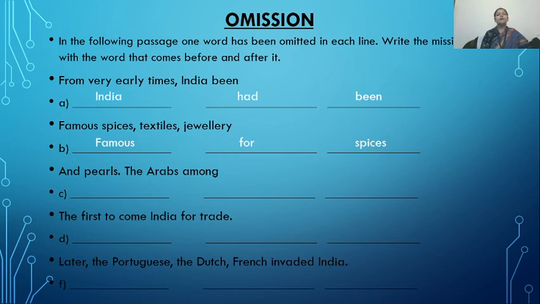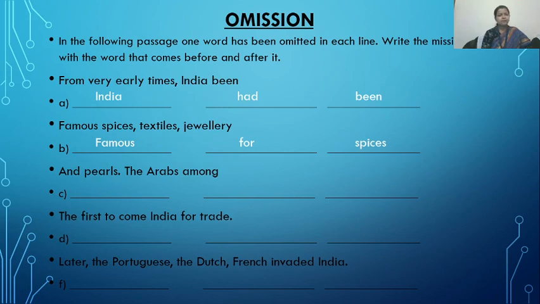Now let's come to the third sentence, children. "And pearls, the Arabs among." Here I can't see any verb or any sense in the sentence. "And pearls" is part of the previous sentence: "famous for spices, textiles, jewelry, and pearls."